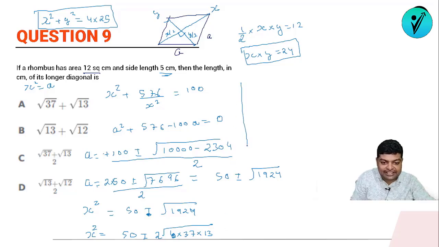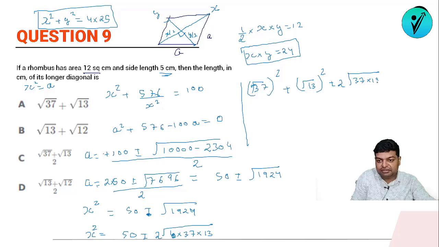Can we write it like this? Can we write 50 as root 37 whole square plus root 13 whole square, plus 2 times root 37 into root 13? So this is actually your x square.